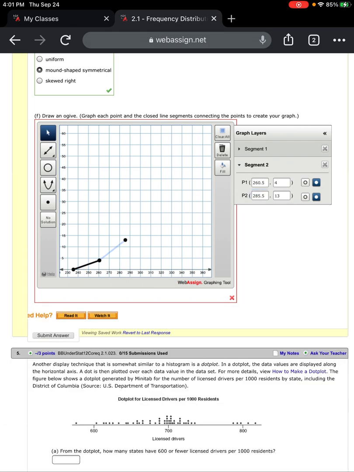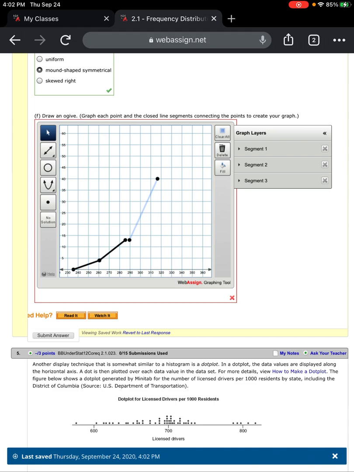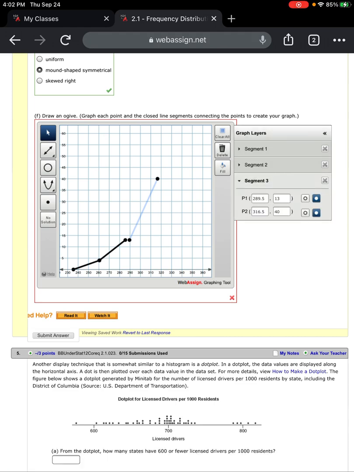Third row, select segment, start where we finished, or just ballpark it again. Third row, the upper class boundary is 310.5 and 38. Again, just get it close. You can fine tune it in the points here.